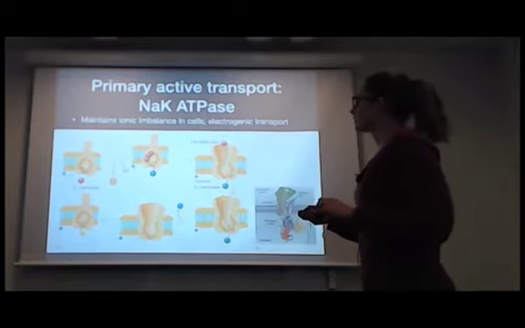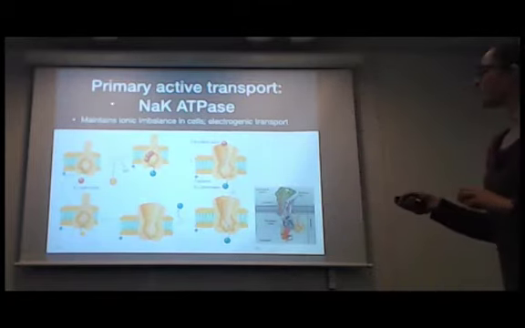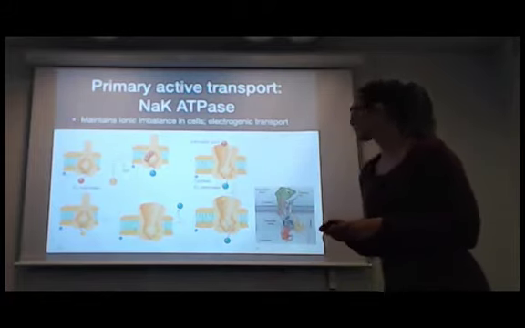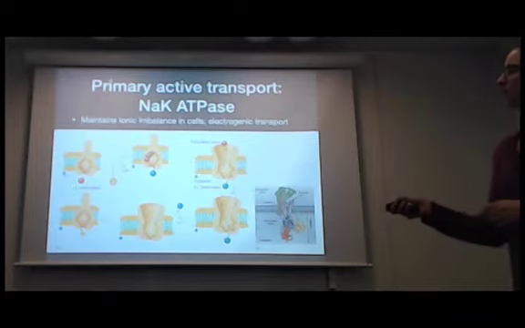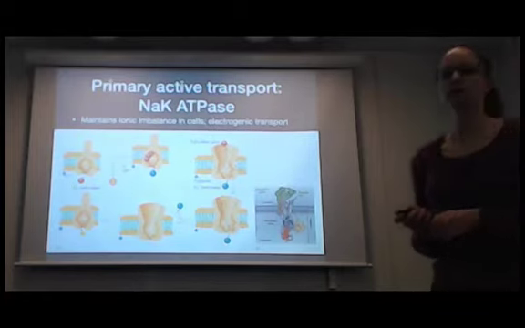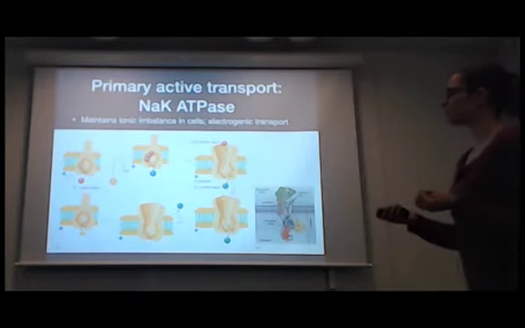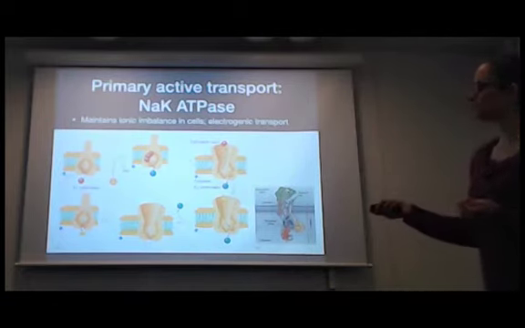The transport cycle that the Na-K ATPase goes through is quite similar to the sugar transport, in the sense that there will be an inward-facing configuration and an outward-facing configuration. But instead of binding just one substrate, this one binds sodium and potassium.